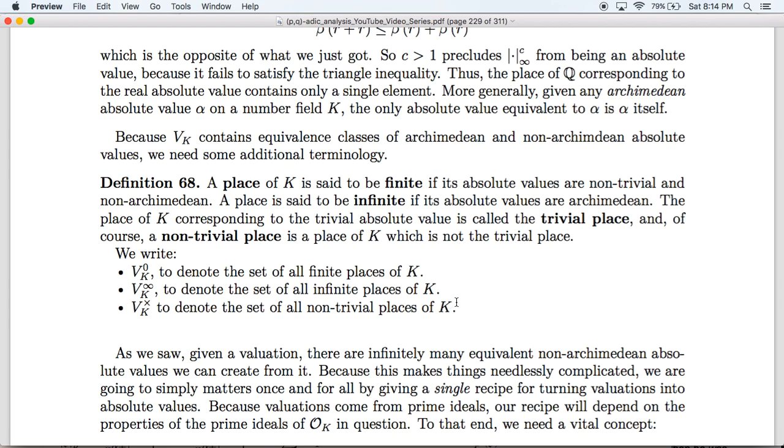Most people do not care about the trivial place, and in general will ignore it. However, in my work, it's very important to consider, and there's actually a really nice connection to algebraic geometry here. Particularly when you're doing algebraic number theory, it's often taken for granted that a prime ideal is specifically a non-zero ideal.